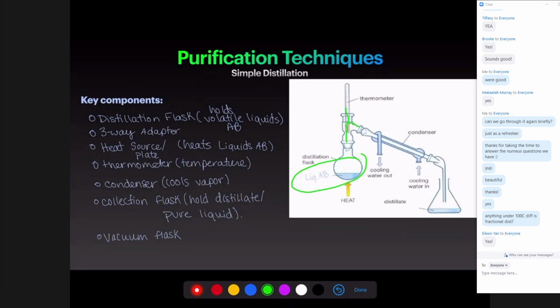And then your heat source, your hot plate, that heats liquid A and B, your thermometer to make sure you don't go over the temperature of the evaporated gases, the liquid's temperature. Then you have your condenser here, your collection flask here for the pure liquid only. And then you have a vacuum flask, just right here.